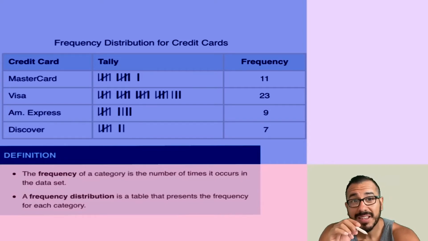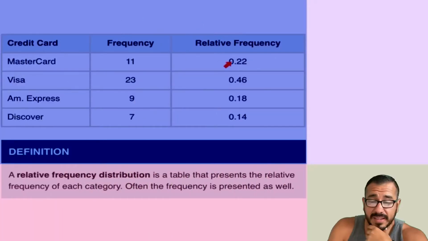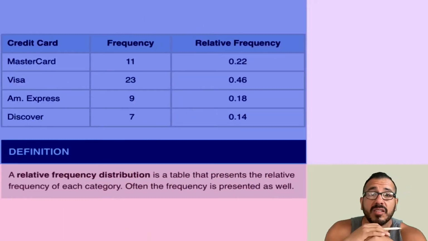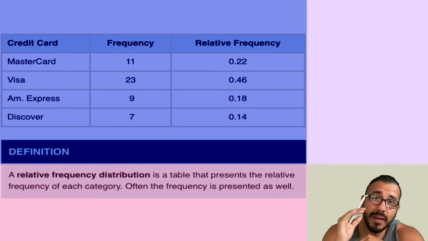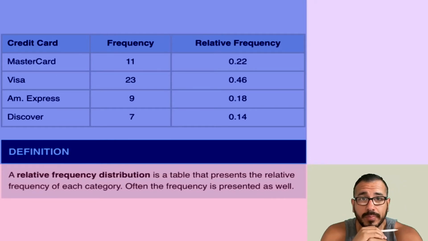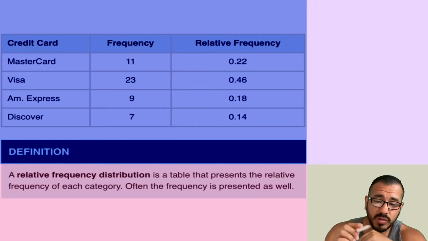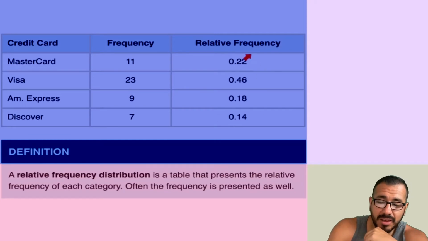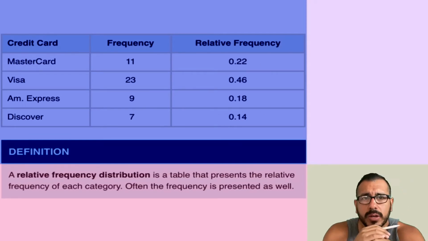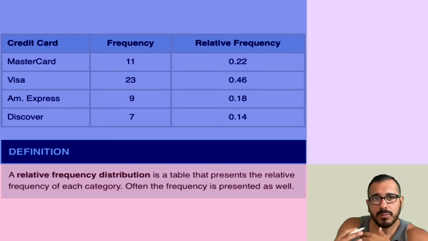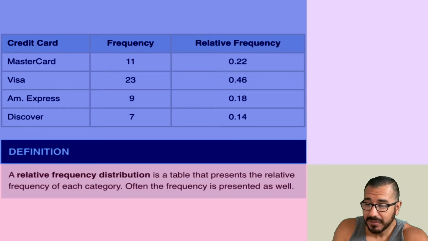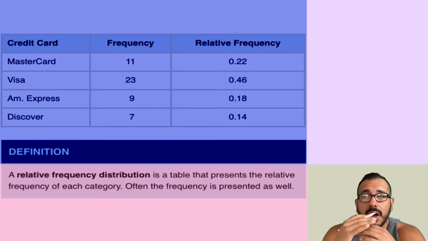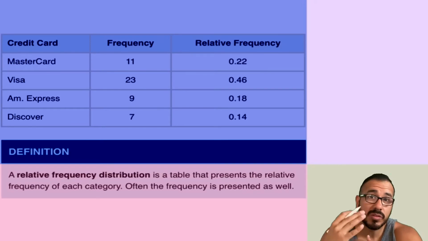All right, mathletes, now let's talk about this next idea. Follow me. The next table I want you to copy down is called our relative frequency distribution. It's going to be a little different, because now you see some decimals and you might be wondering, where did those decimals come from? Essentially, with this relative frequency distribution, we can look at what percent of people use MasterCard, what percent of people use Visa.